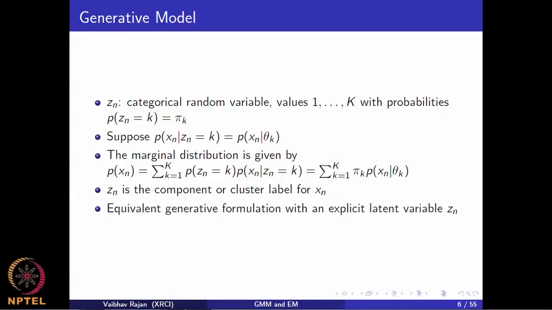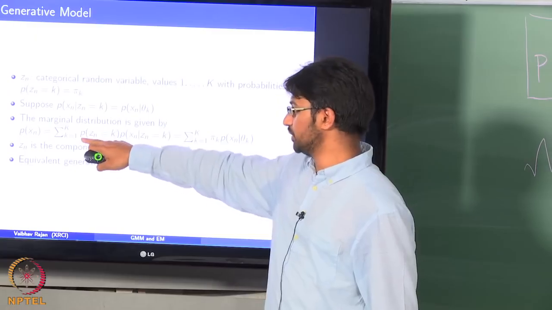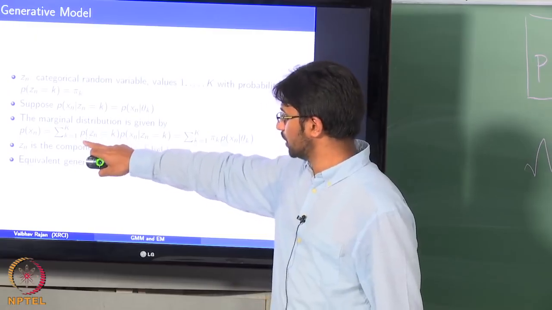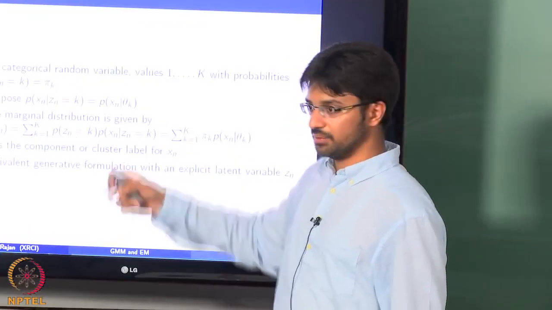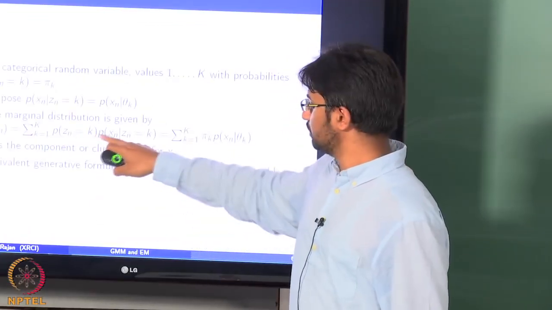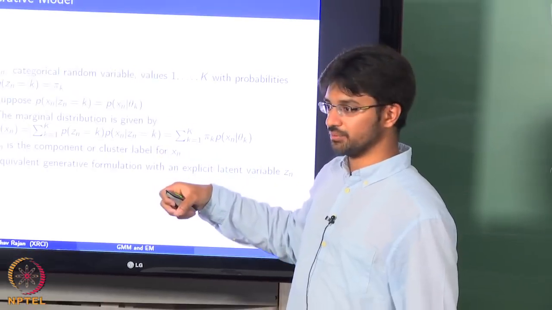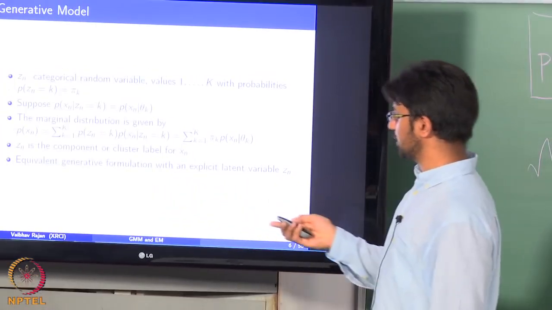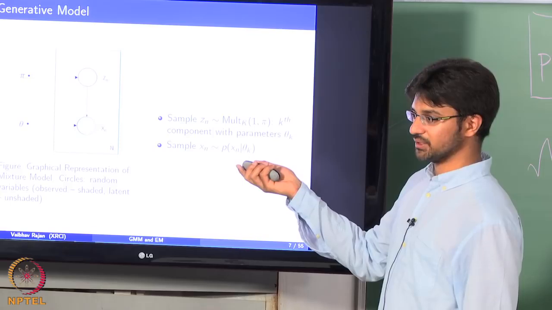So, the probability of xn. We are assuming that there is a joint distribution, and the marginal distribution can be written down like this. For each of the k components, you take the probability of Zn being equal to k, and then the probability of xn being generated from that component. This is exactly what the graphical model represents.